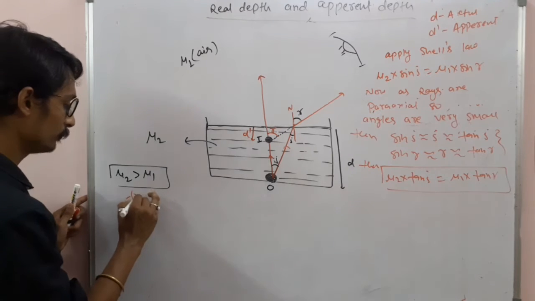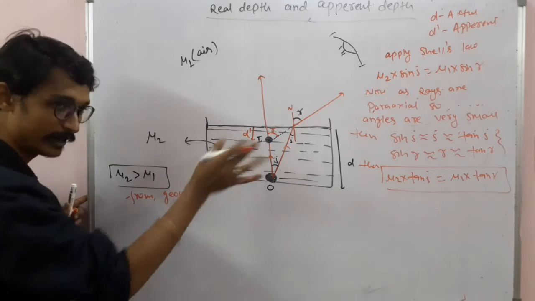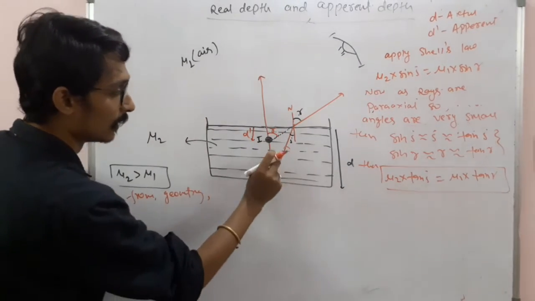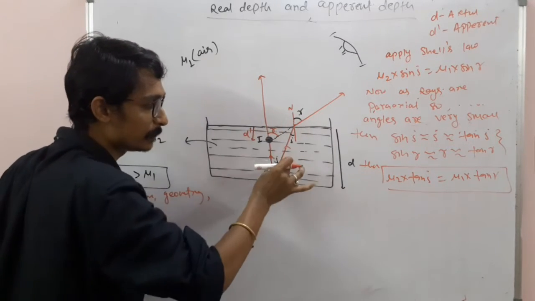So see, from the ray diagram, what do we have here? I and R. This is the perpendicular, this is the base, this is angle i.